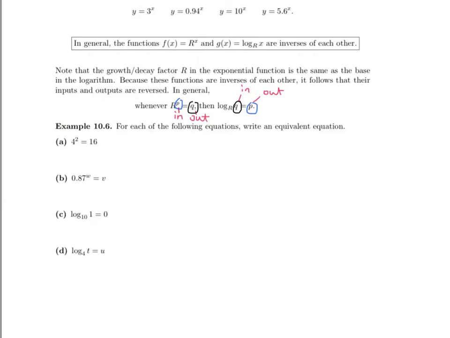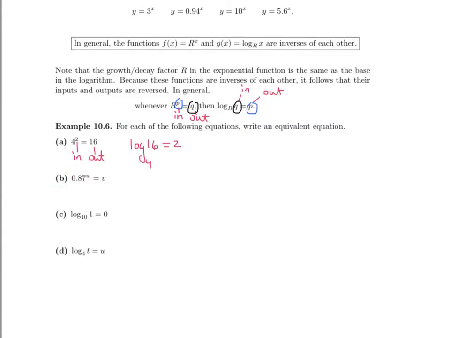Notice that the factor in this equation is 4. The 2 is playing the role of the input variable. The 16 is playing the role of the output. In terms of logarithms, we would say that log base 4 should take 16 and return 2 back. Again, I'm using the inverse or the reverse input-output nature of these two functions.